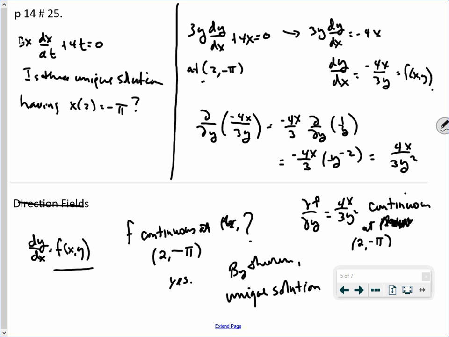That's great. What is it? Who knows? The theorem doesn't really tell you how to find it. It just tells you whether there is one.